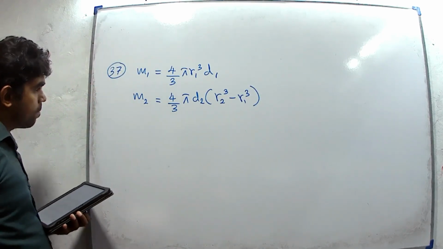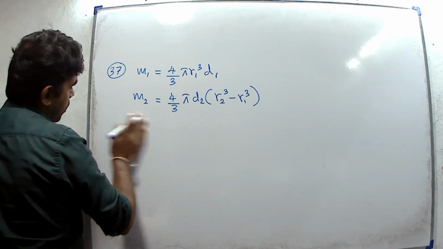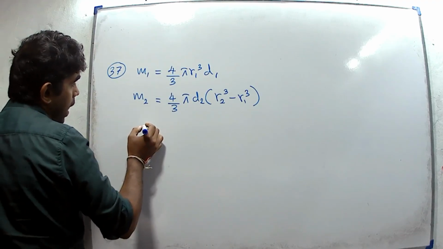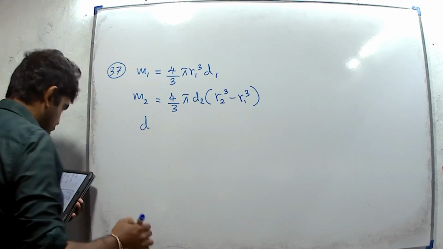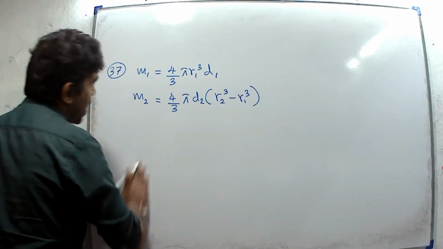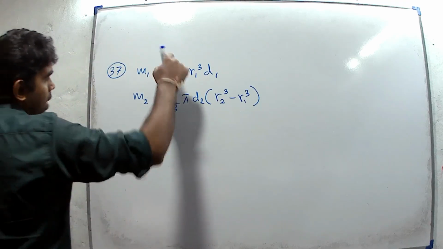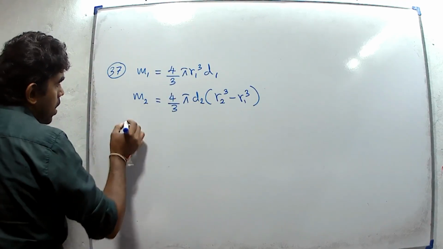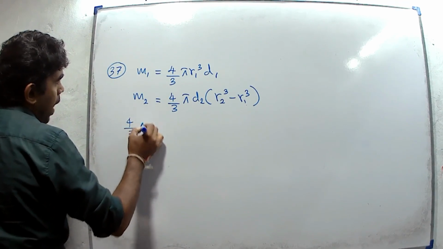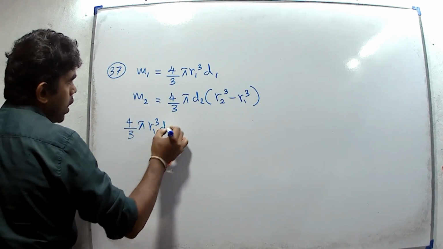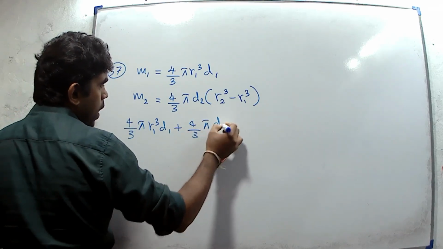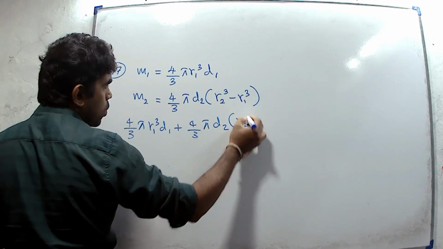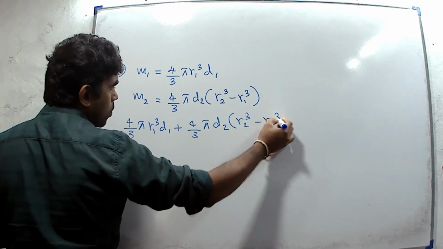Then for the total object, we can get the resultant density. It means total mass divided by total volume. Total mass, we have to add these two masses: 4/3 pi R1 cube D1 plus 4/3 pi D2 (R2 cube minus R1 cube).